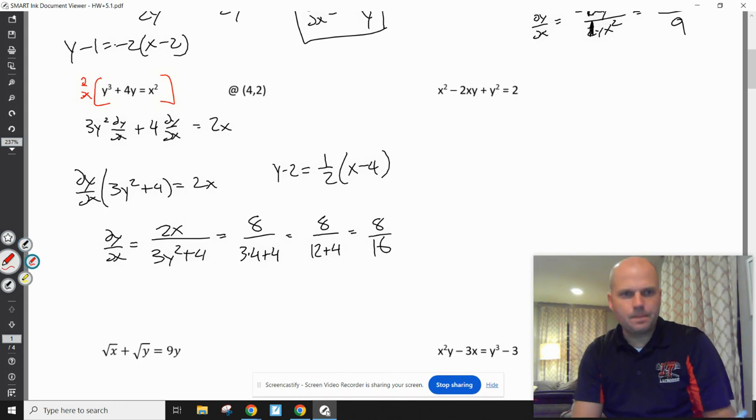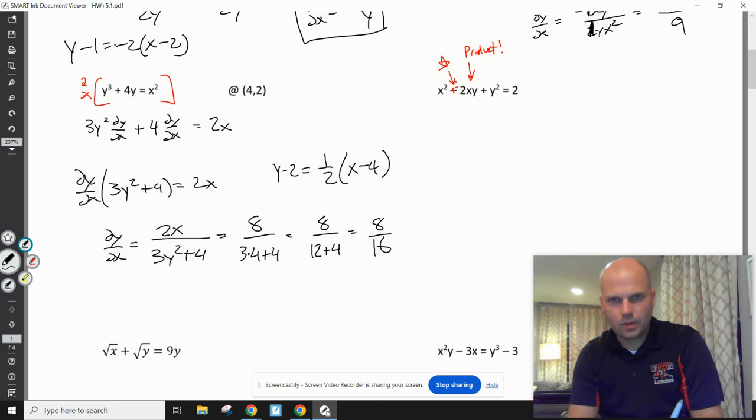Everybody heads up. We see a product. We also see the negative. Here's what I like to do. Bake in the negative. You can leave it out, but I like to bake it in.